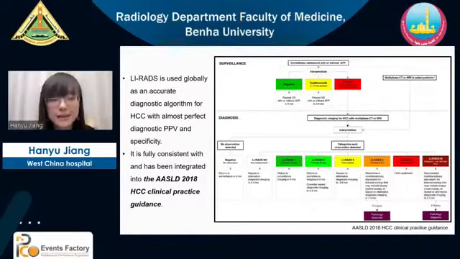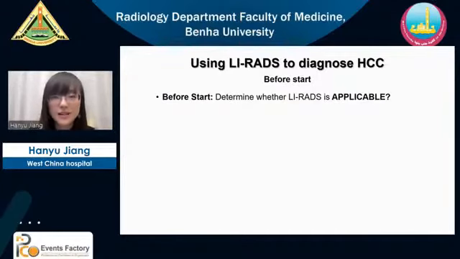It is fully consistent with and has been integrated into the most recent AASLD 2018 HCC clinical practice guideline, as shown here. So let's get started with using LIRADS to diagnose HCC.